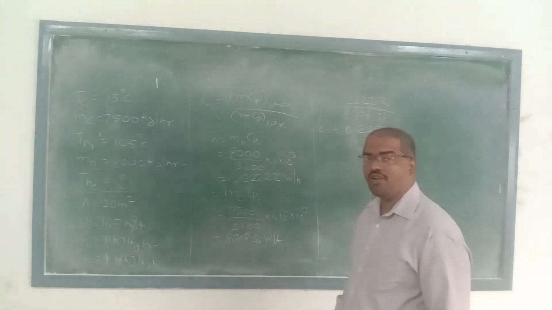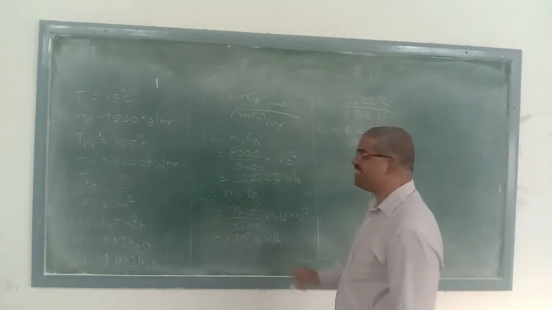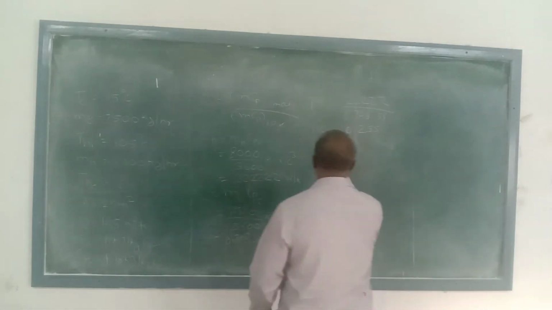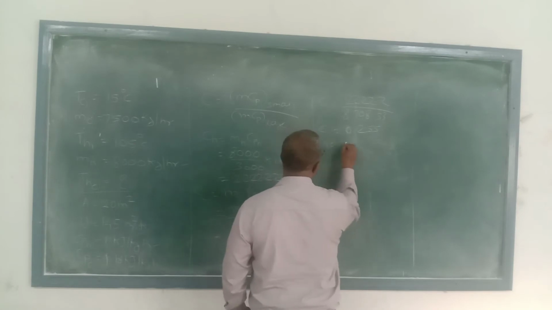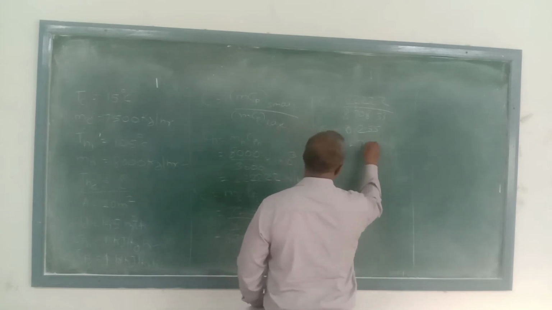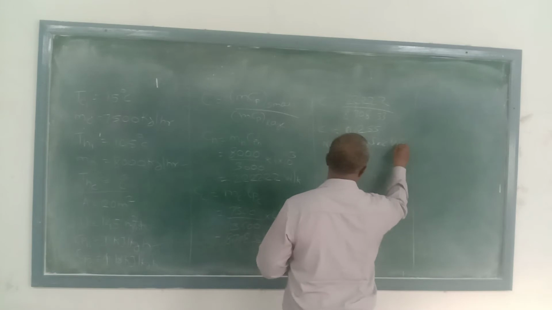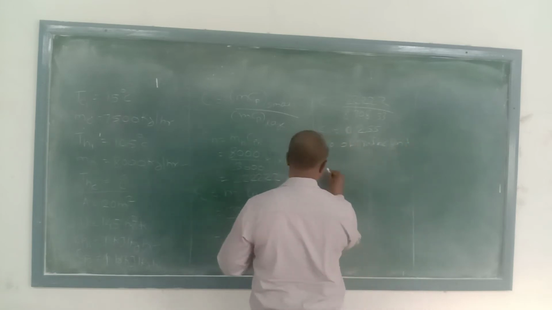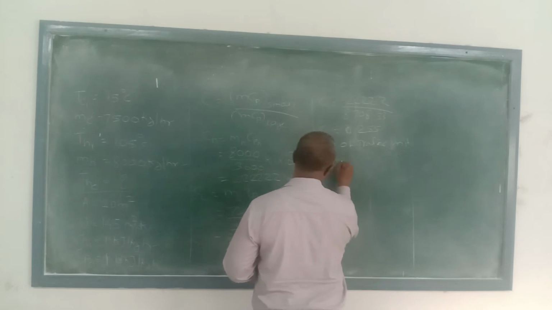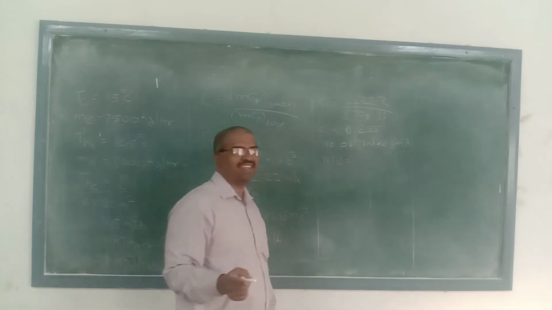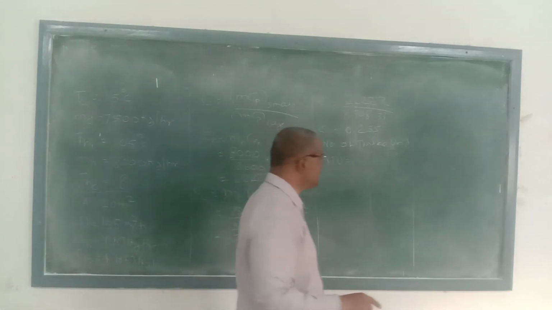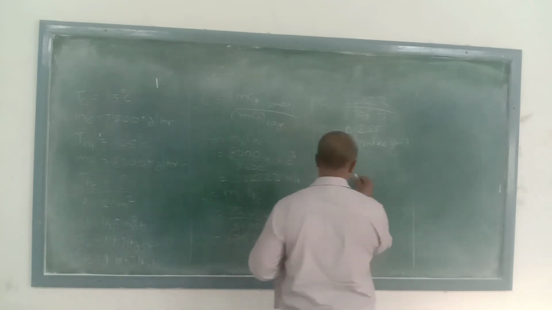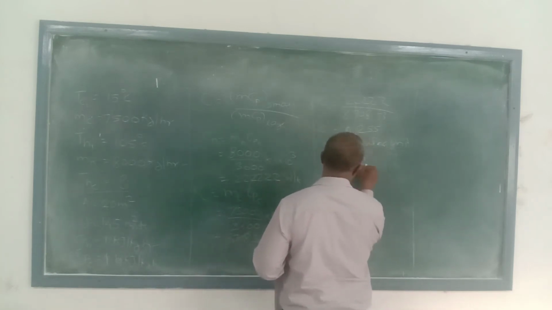Next we have to calculate the NTU, means number of transfer units. Yesterday we have seen the derivation, and in that derivation NTU we have calculated as UA upon the C minimum.